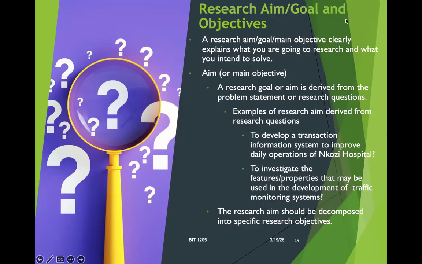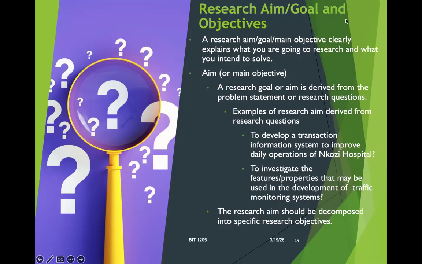So look at this example. To develop a transaction information system to improve daily operations of Nkozi Hospital. Two, to investigate the features, properties that may be used in the development of a traffic monitoring system. So you realize that your research objective is always derived from your research questions.